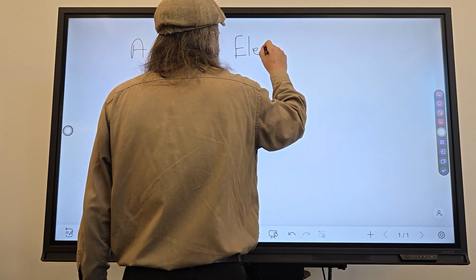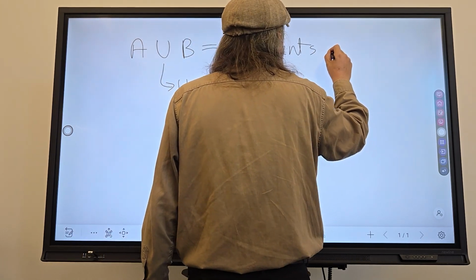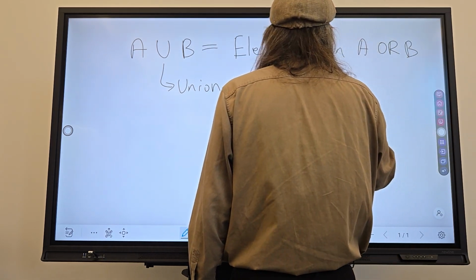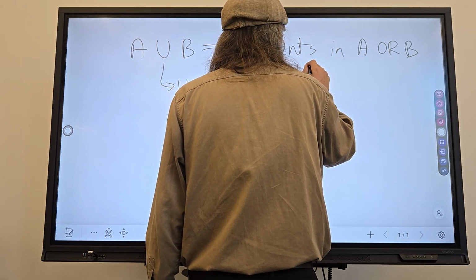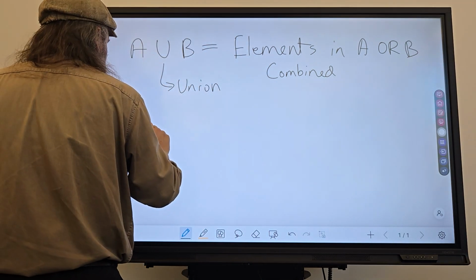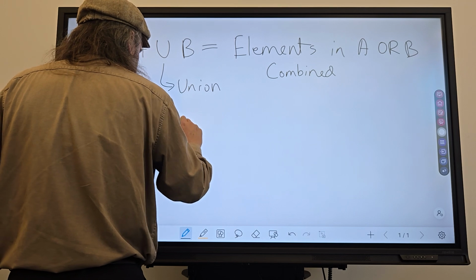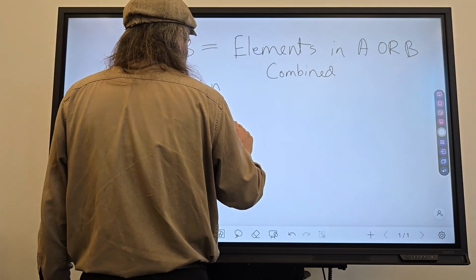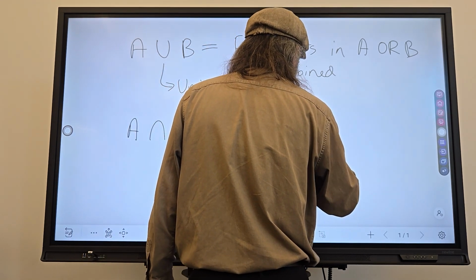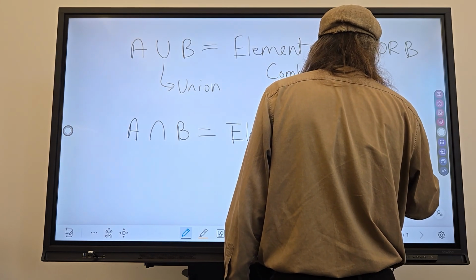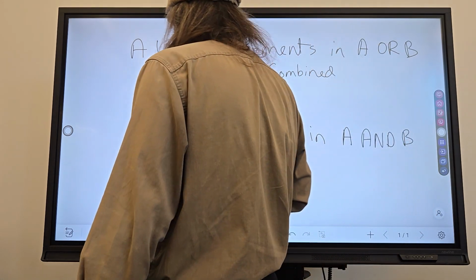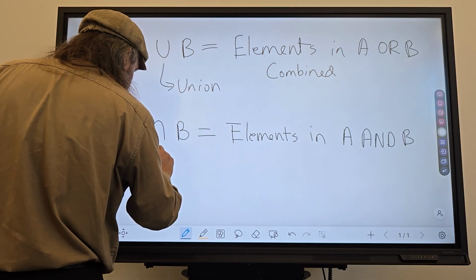The union is the elements in A or B combined, and A intersection B is equal to the elements in A and B. Now, this is called the intersection.